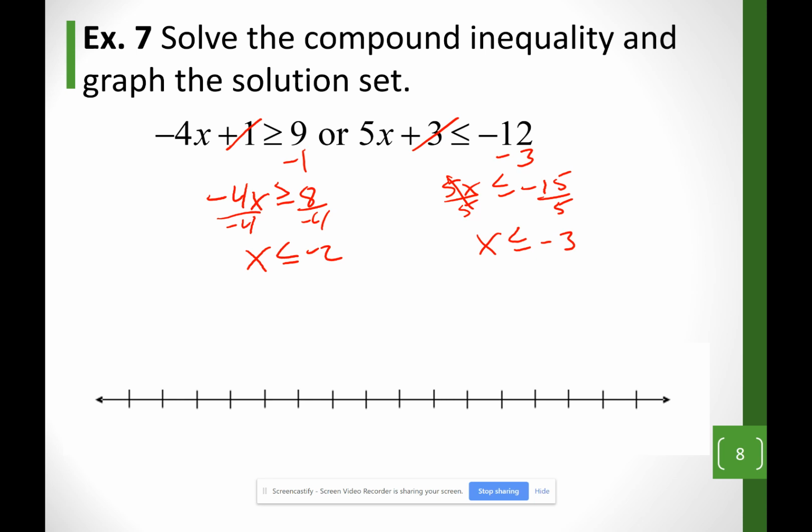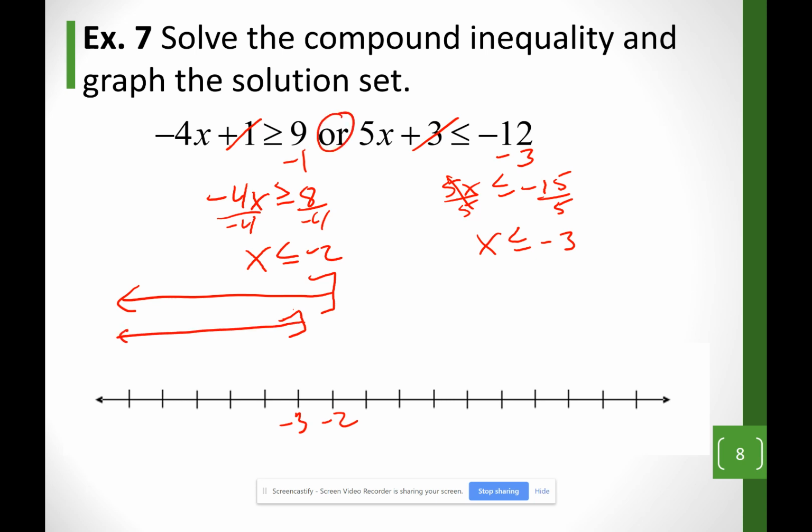So on the first one, let me label my numbers. There's a negative 2. There's a negative 3. My first inequality, I have from negative 2, I have a bracket, and I go to the left. My second inequality, I have a negative 3, I have a bracket, and I also go to the left.